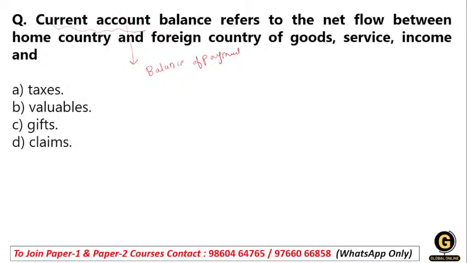In the balance of payments there are three things: first, trade in goods; second, trade in services; and third, secondary income.